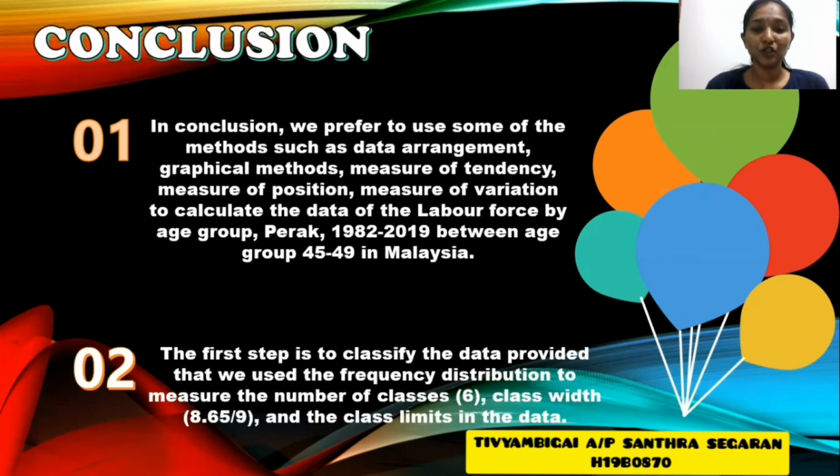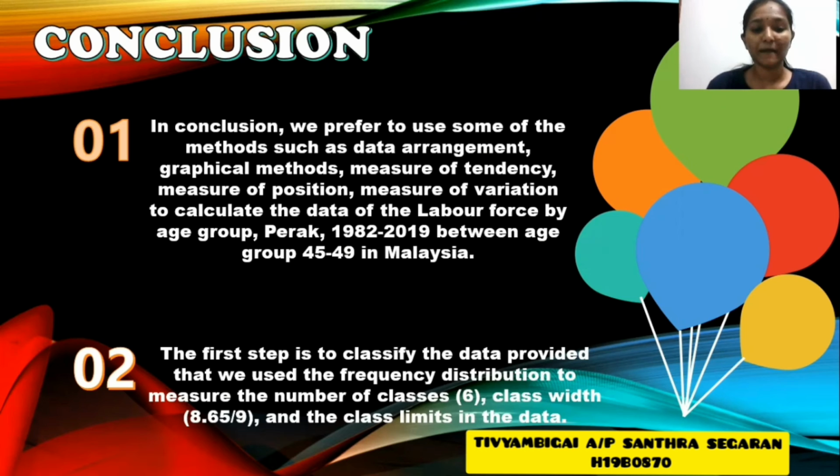In conclusion, we used methods such as data arrangement, graphical methods, measure of tendency, measure of position, and measure of variation to calculate the data of the labor force by age group in Perak, 1982 to 2019, between age group 45 to 49 in Malaysia.